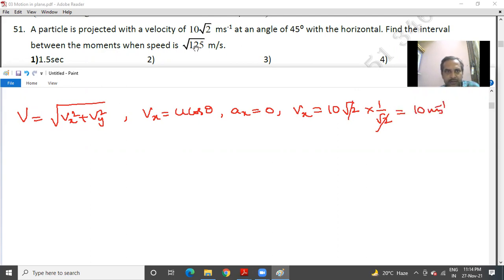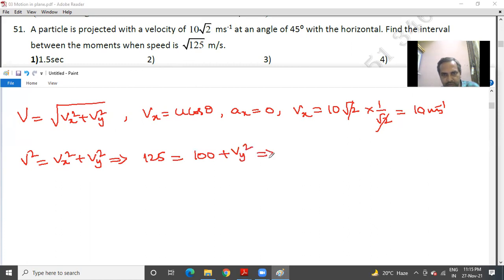Now the velocity given in the question is root 125. Let us write v square is equal to vx square plus vy square. Now v is root 125, so v square will be 125 without the root. Vx is 10, so vx square will be 100 plus vy square. Now this gives vy square is equal to 25. So vy is equal to 5.